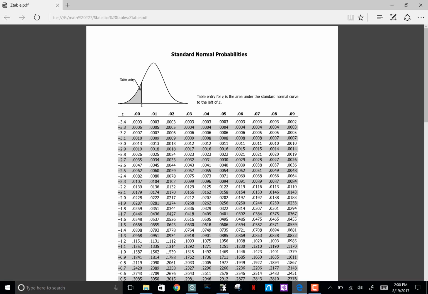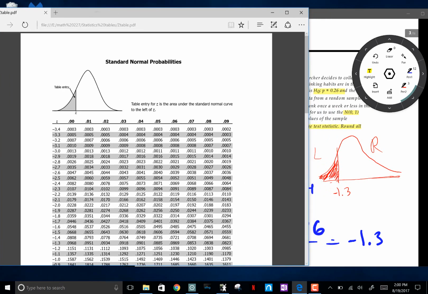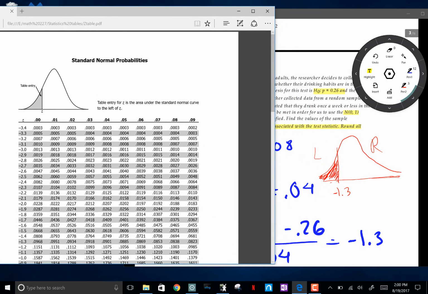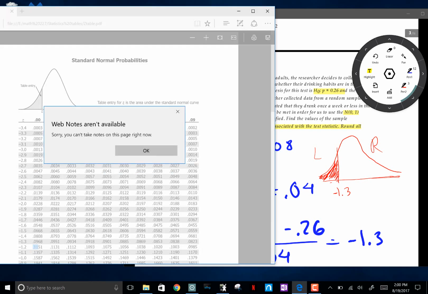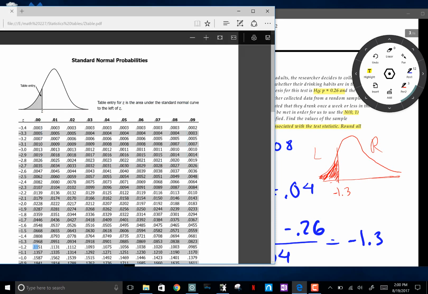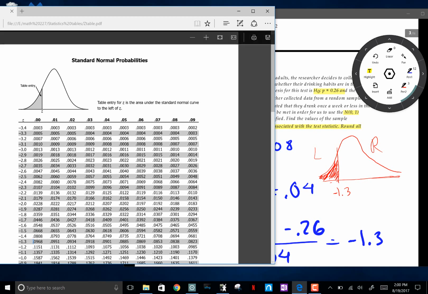So let's look at the z-table. We're looking for negative 1.3, which is somewhere right here. I'm just going to highlight it.